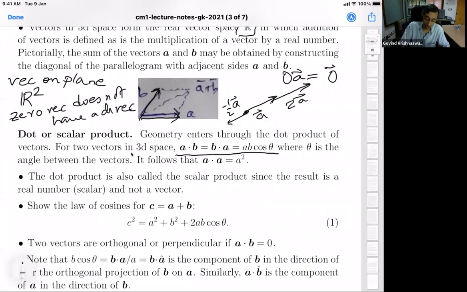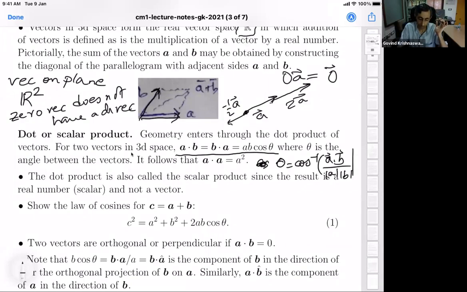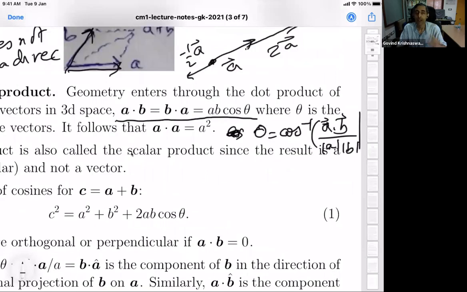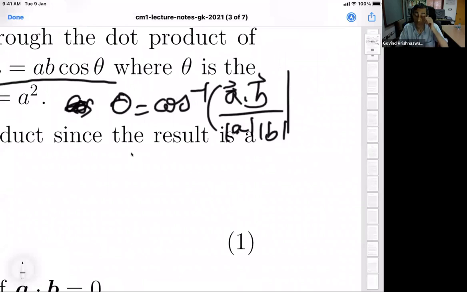And that angle is defined in a nice way. That angle is defined as the inverse cosine or arc cosine of A dot B by magnitude of A times magnitude of B. So you see this. If you have defined this dot product, it allows you to define the angle between two vectors.